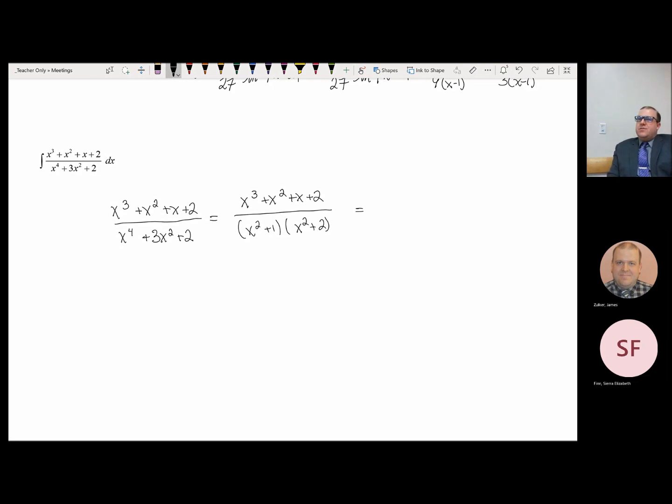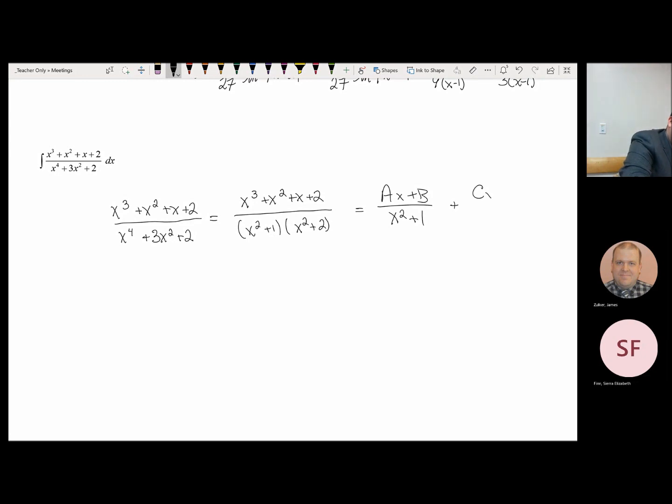The idea is still the same. Just go factor by factor. First factor, x squared plus 1. It appears only once. It will contribute ax plus b over x squared plus 1. x squared plus 2, irreducible quadratic, appears only once.